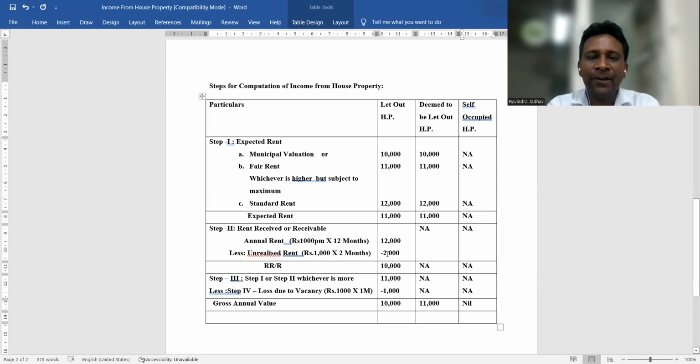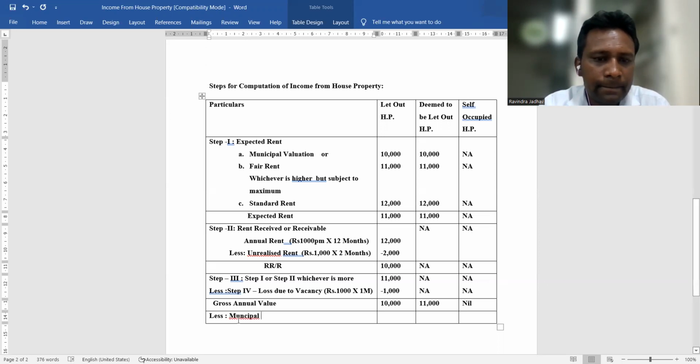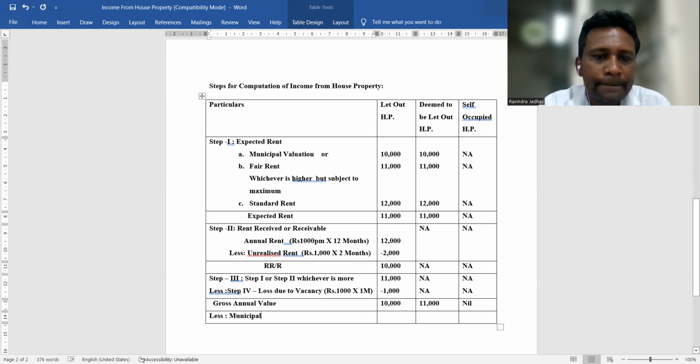Now after the calculation of gross annual value, we need to less municipal taxes from gross annual value.